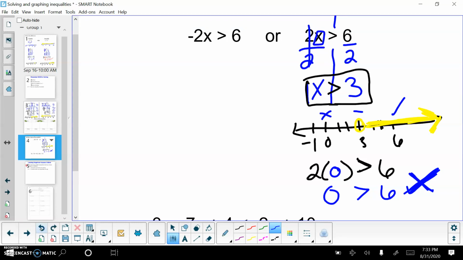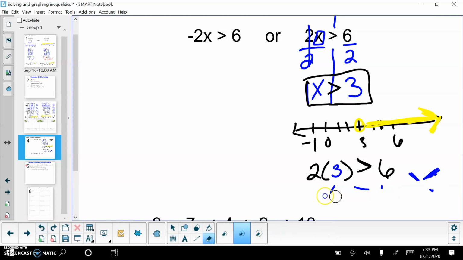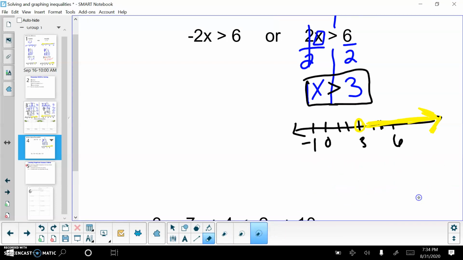Okay, now I'm going to show the other one. I'm just going to get rid of some of this because it gets kind of messy looking. And I'm going to do this other one. And we're going to see how it works. Okay, so if we solve it the same way, we're going to divide to get rid of that negative 2.